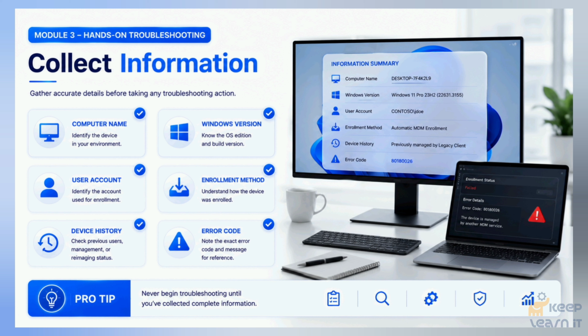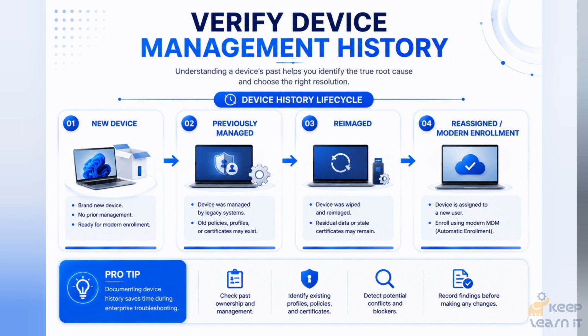Also ask whether this computer is brand new, reimaged, or previously managed. Many enrollment issues become much easier to understand once you know the device's history. Finally, record the exact error code and any additional messages shown during enrollment. Accurate documentation ensures you troubleshoot the right problem instead of making assumptions.